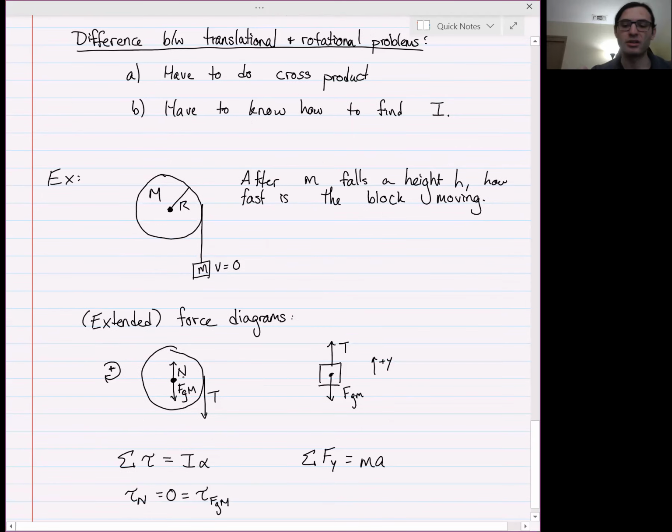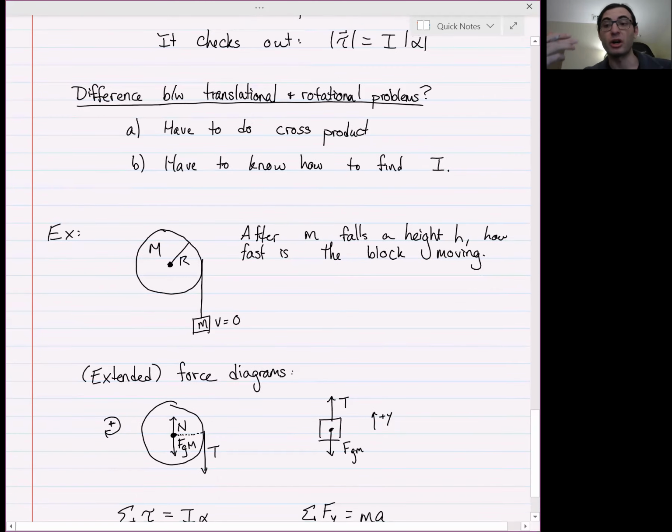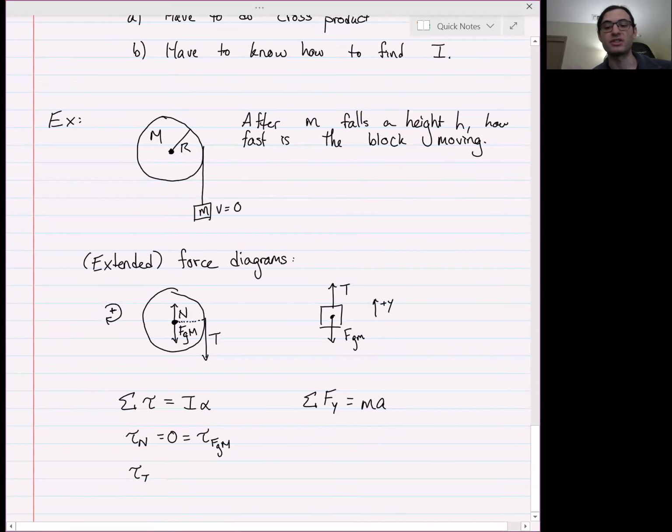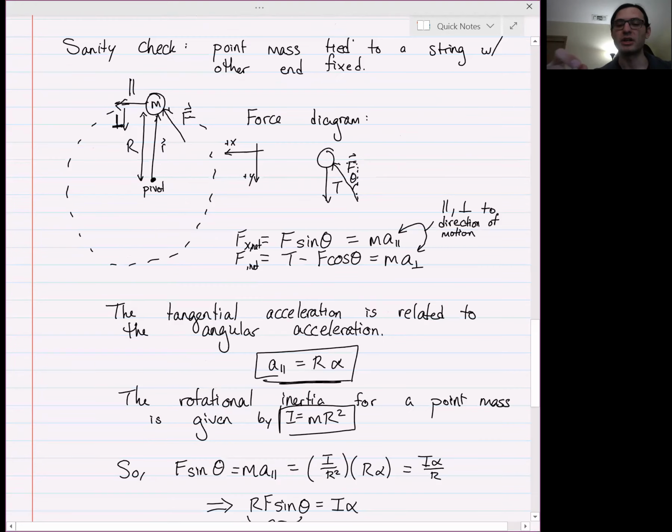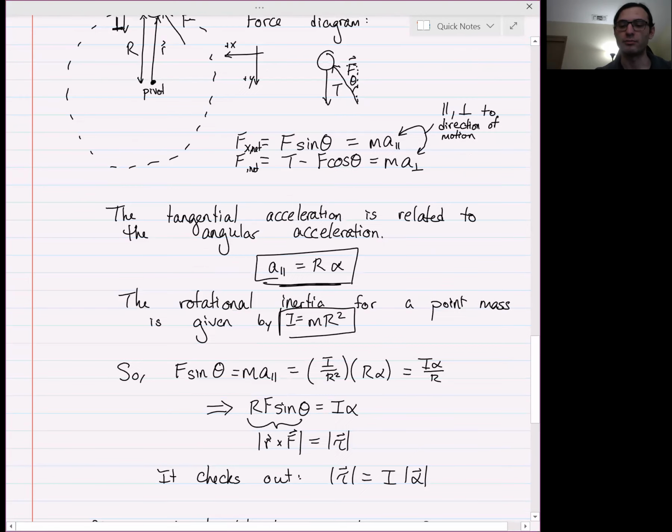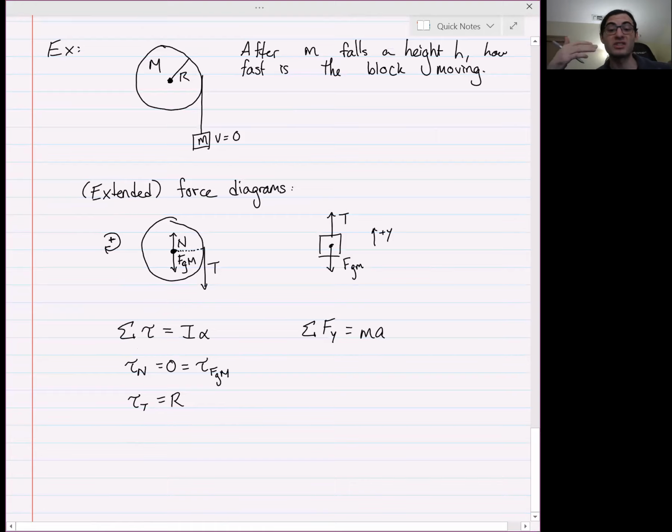The distance that this force is from the axis of rotation is just r, the radius of the spool. Remember that the magnitude of torque is just equal to the distance times the magnitude of the force times the sine of the angle between them. So the distance is r, the magnitude of the force is T, and the angle between them is 90 degrees, right? There's a right angle here. So the sine of 90 degrees is 1. So the torque for the tension force is just r times T.